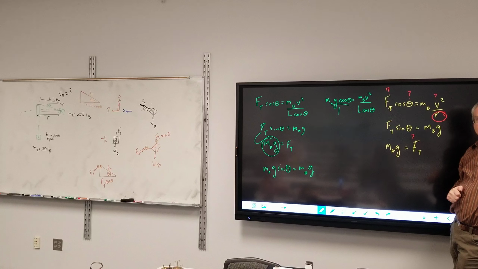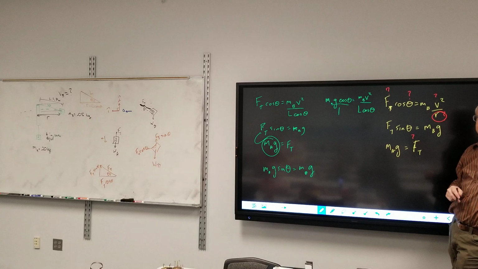Is that as much substituting as we can do? It depends upon how convoluted you want your final equation to be. I don't think we need to substitute. We can do one more simplification.